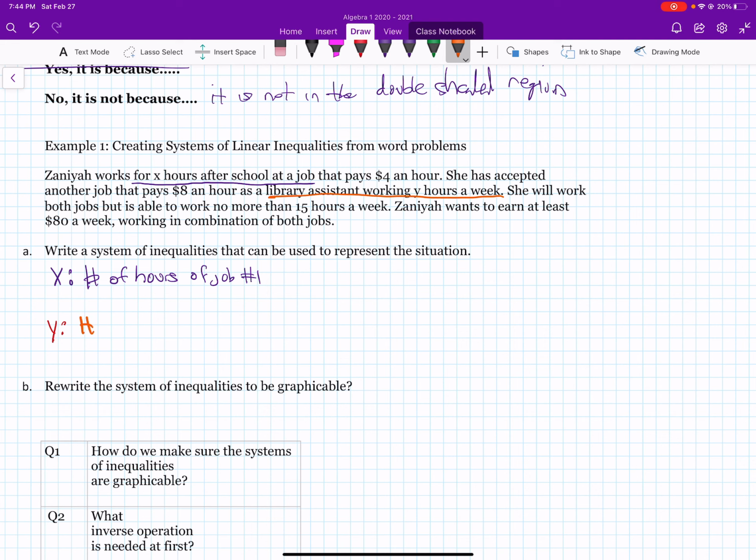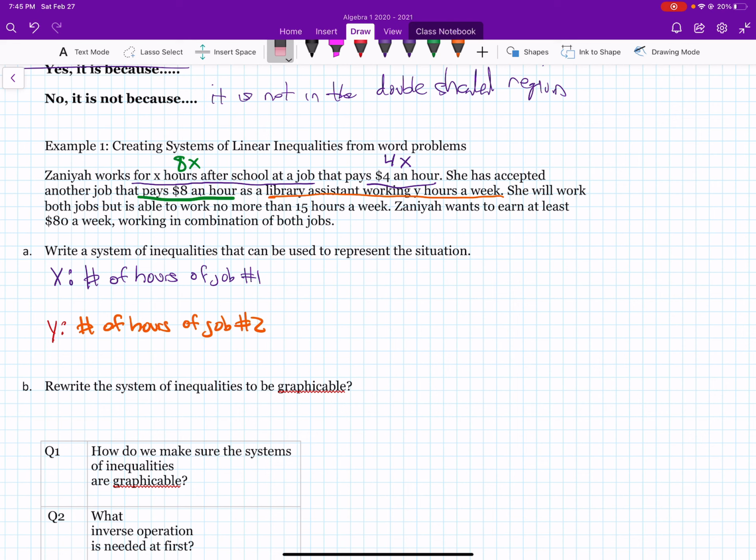So we can say number of hours of job number 2. Moving on, we know that this first job pays $4 an hour, so we write that as 4x. The second job pays $8 an hour. We can write that as 8x.